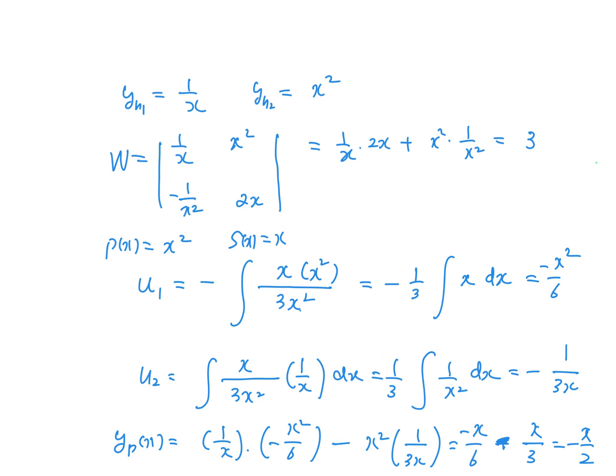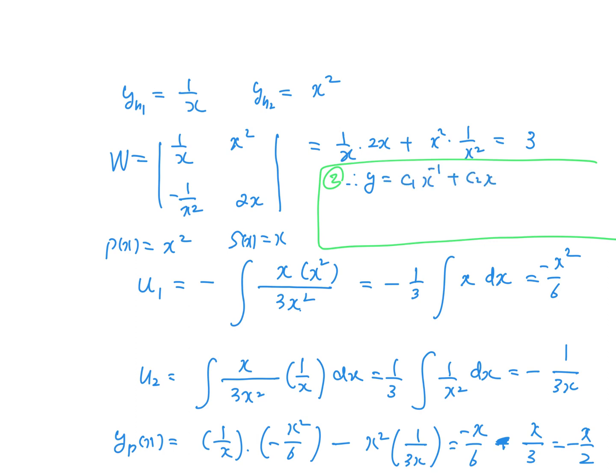So the general solution is something like that: y is c1 x to the minus 1 plus c2 x squared minus x over 2. So at least you can find the inhomogeneous case for constant coefficient and equidimensional case for second order.